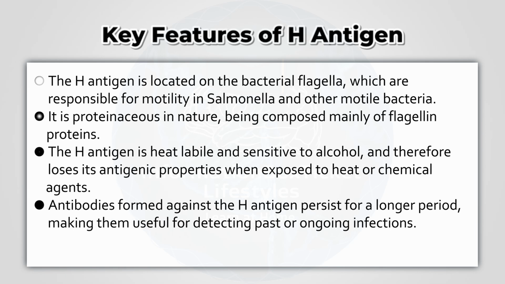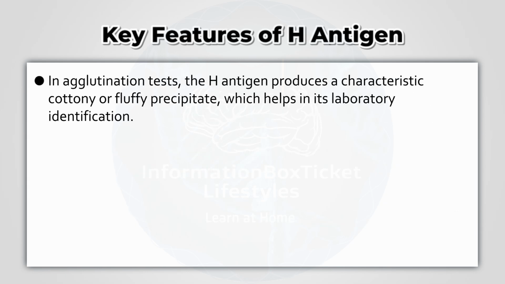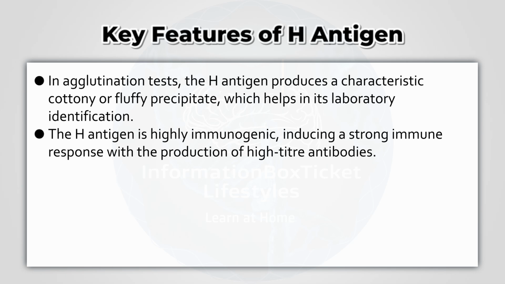ongoing infections. In agglutination tests, the H antigen produces a characteristic cottony or fluffy precipitate, which helps in its laboratory identification. The H antigen is highly immunogenic, inducing a strong immune response with the production of high-titer antibodies.